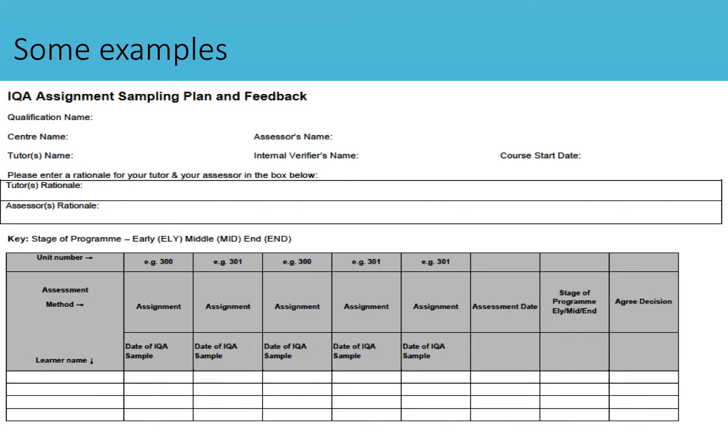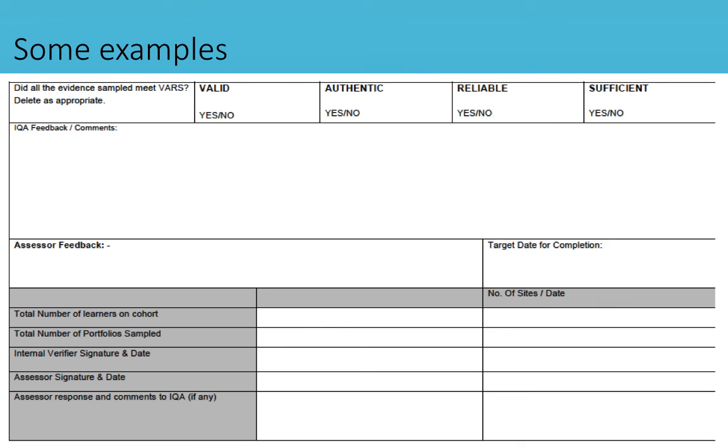Again, note all of the information to be included, plus here we have the IQA's rationale behind the level of sampling they are intending to do. The second part of this form has plenty of space for feedback and other spaces for authentication and audit or trail of the paperwork, including the dates of the activities and where they were completed.